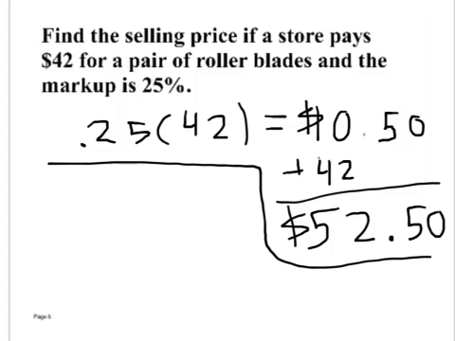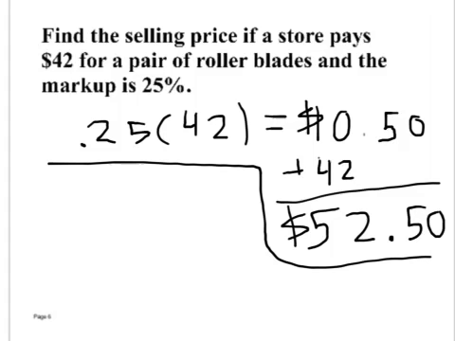So $52.50 would be what percent of the original price? 25% more, right? So it's actually 125%. $42 would be 100%, $52.50 would be 125%.